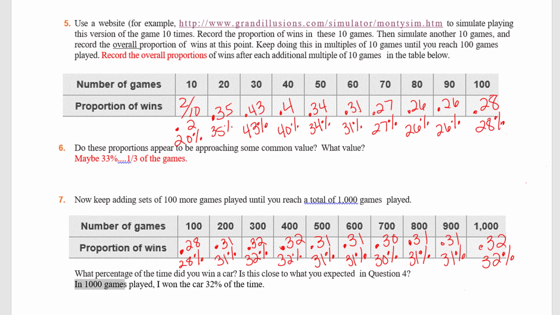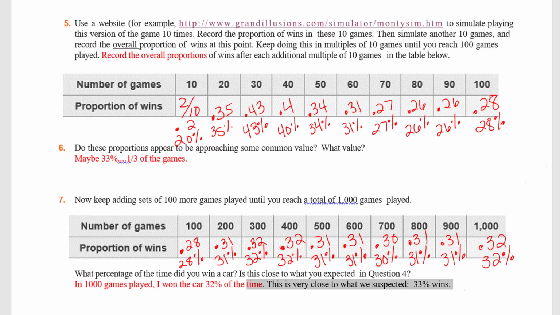And notice 32% of the time is really quite close to what we suspected as the true proportion of times you would win the car, which we said was a third of the time, which is 33% of the time. It's not exactly equal.